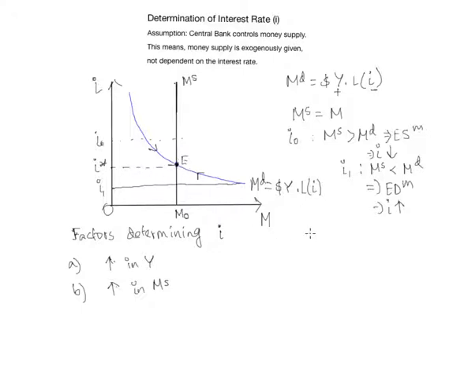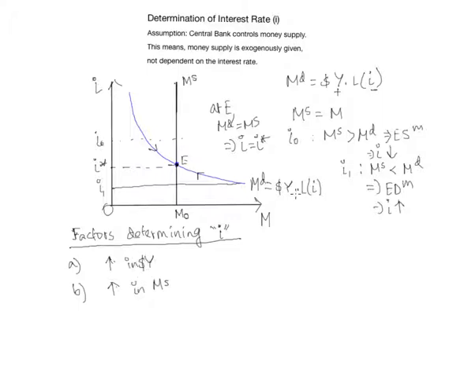So important point to remember, at E we have MD equals MS, which means that I is equal to I star. Now what factors can change this interest rate? The factors determining I. First of all, we will look at what happens if there is an increase in nominal income.